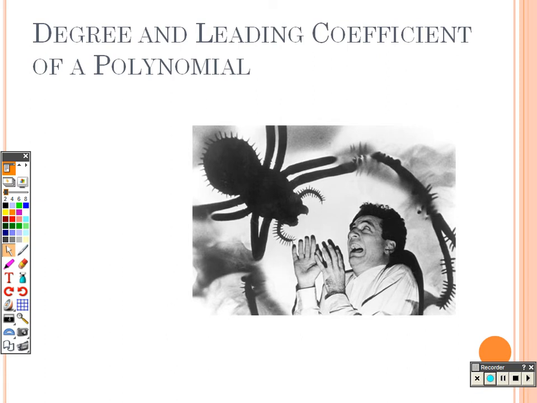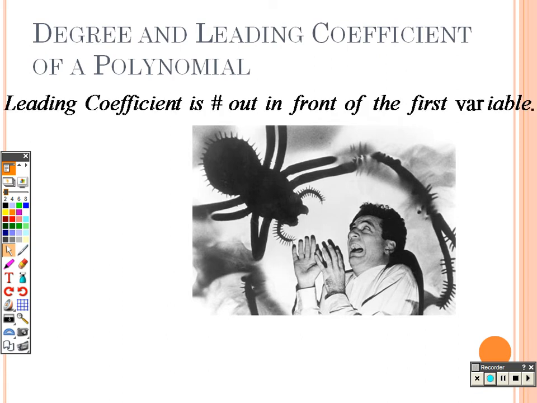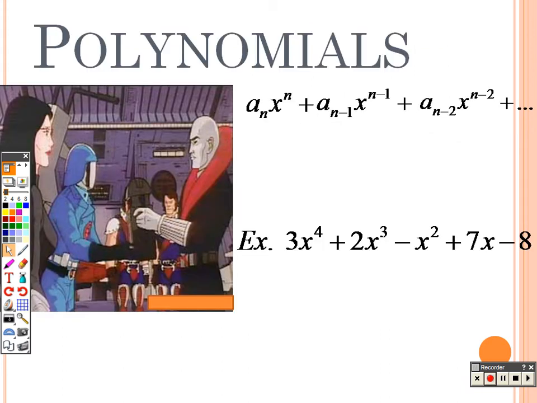So degree and leading coefficients of polynomials. The leading coefficient is the number out in front of the first variable. So the very first number, but keep in mind, as I just showed you on the last thing right here, it has to go in order. So notice that the variables all go down in order, the degrees go down in order.